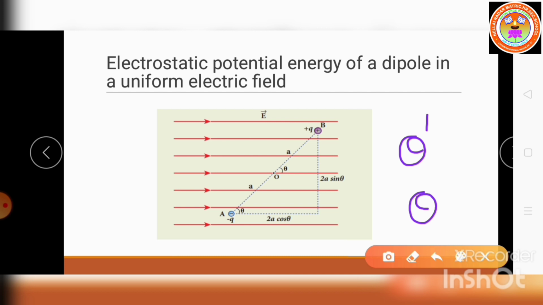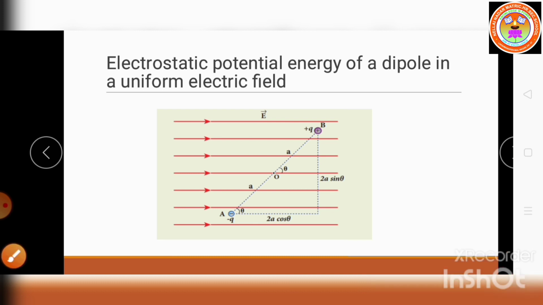Here the work done by the external torque to rotate the dipole from the angle theta dash to theta at constant angular velocity, we will get the formula W is equal to integral from theta dash, that is the initial angle, to theta.